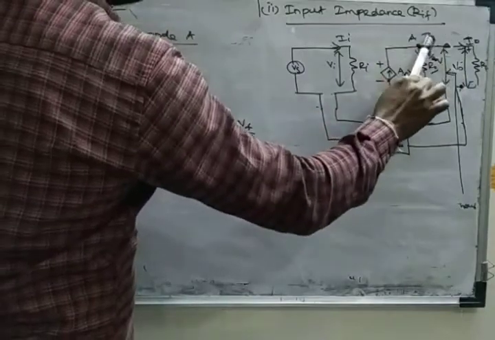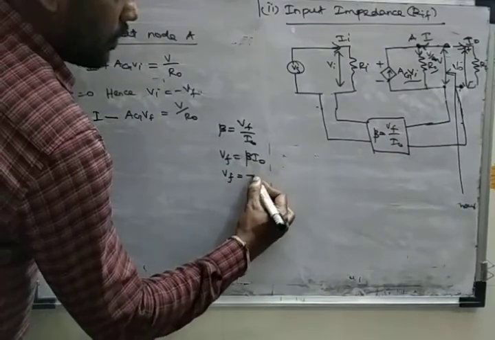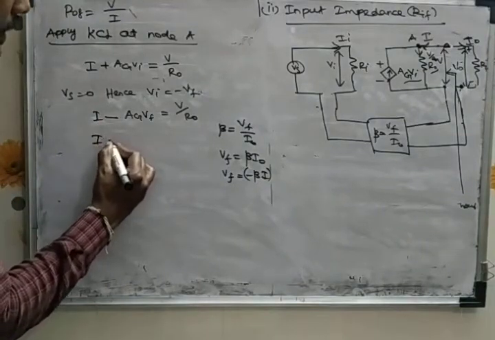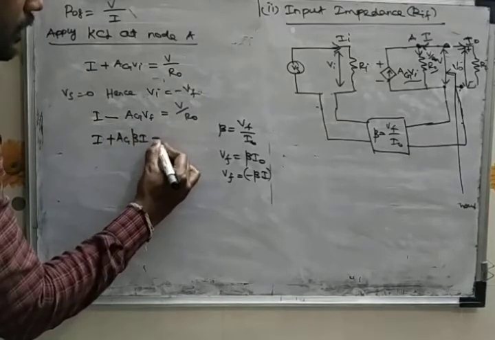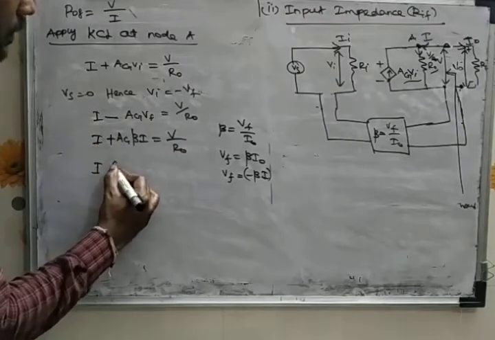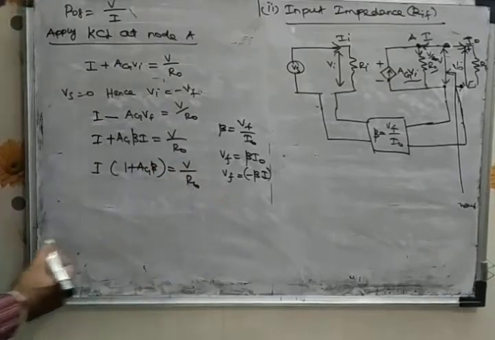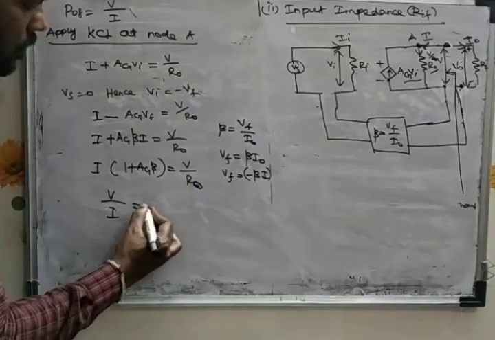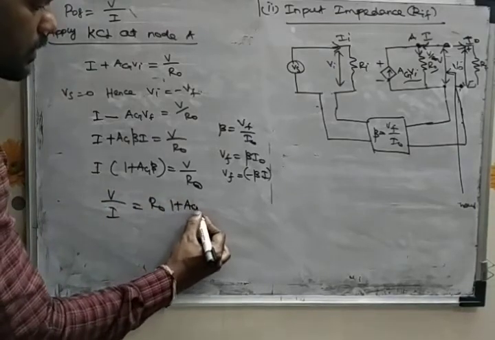So the I direction is opposite to the I naught direction. So we can write Vf is equal to minus beta I. So I plus Ag beta I is equal to V by R naught. So take I common, 1 plus Ag beta is equal to V by R naught I. So V by I is equal to R naught into 1 plus Ag beta.